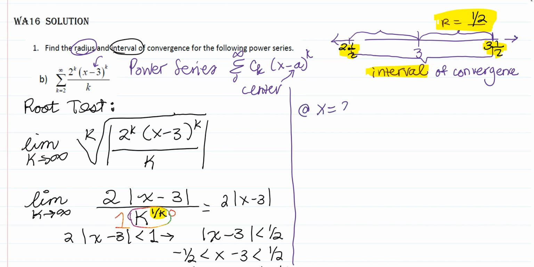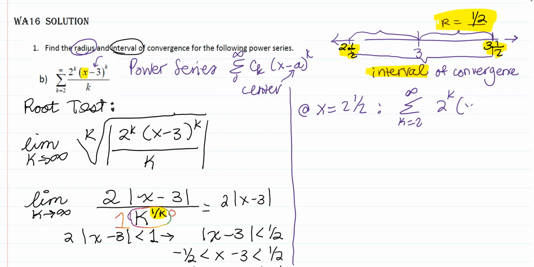Okay, so looking at x equals 2.5. When x is 2.5, we plug that in for the x value right here in the series. So when we plug that in, the series that we have to look at now is the sum from k equals 2 to infinity of 2 to the k power times (x minus 3).